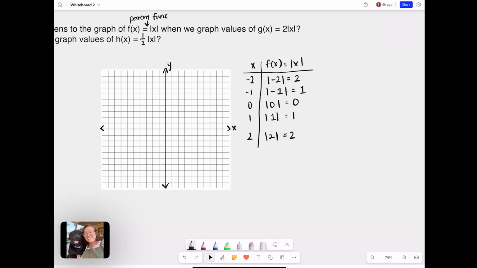So we've got -2 and 2. So we're here. -1 and 1. So we're here. 0, 0. Again, I don't necessarily have to label the origin. It doesn't hurt if you do. 1, 1, and 2, 2.